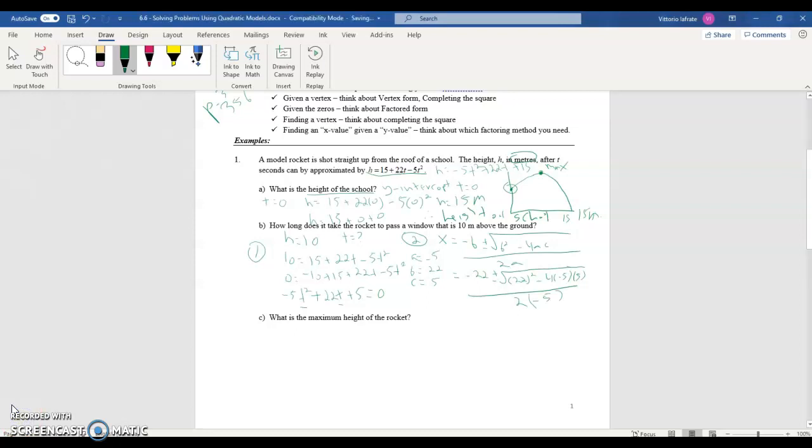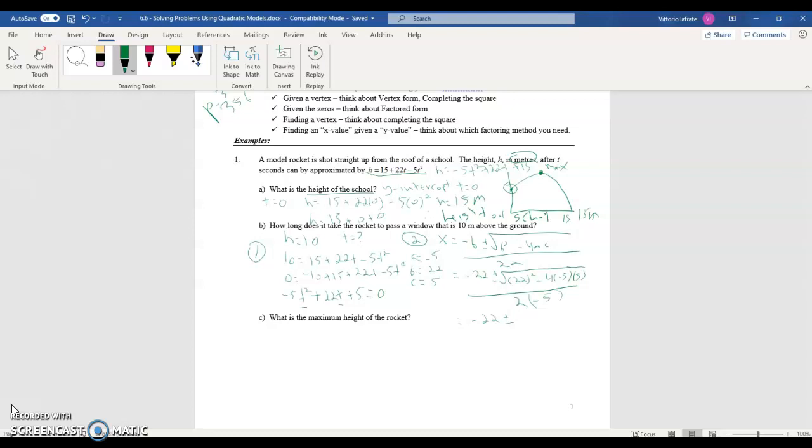I'm running out of space here, but just to continue, we get minus 22 plus or minus. Let's go and find what that value is there. So we have 22 squared minus 4 times minus 5 times 5.